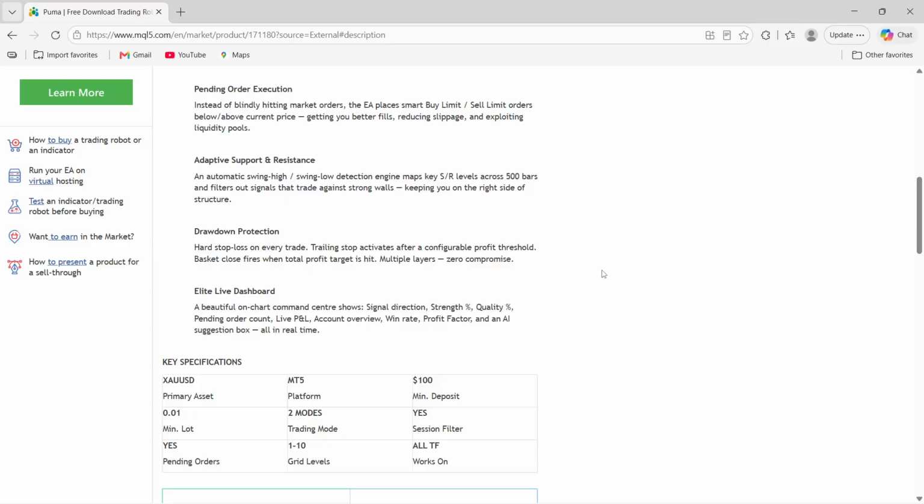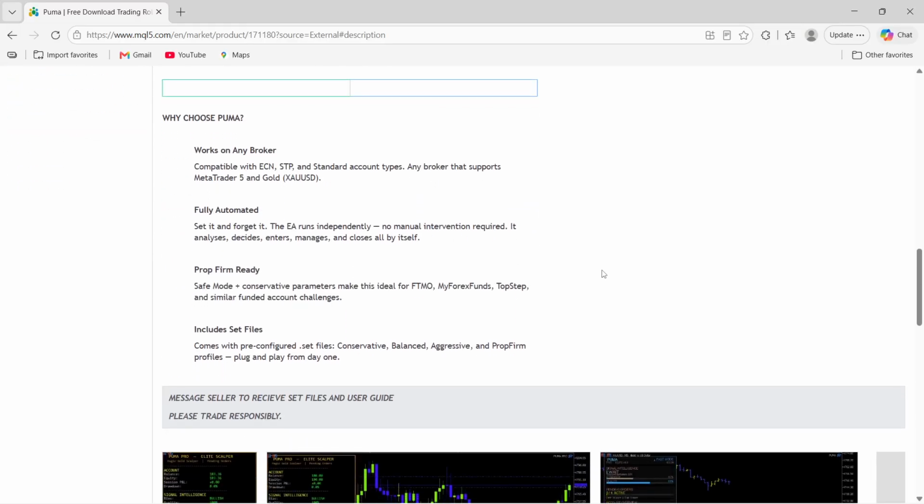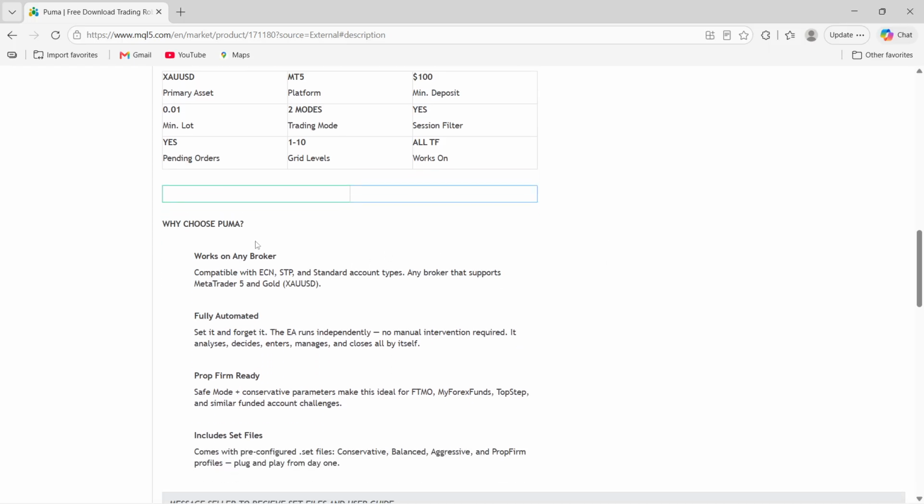Okay, so we've basically seen most of the info on the website from the developer. It says why choose Puma. You can see this is basically like a summary. It works on any broker compatible with ECN, STP, and standard account types. Basically, any broker that supports MetaTrader 5 and Gold, XAUUSD. It's fully automated.